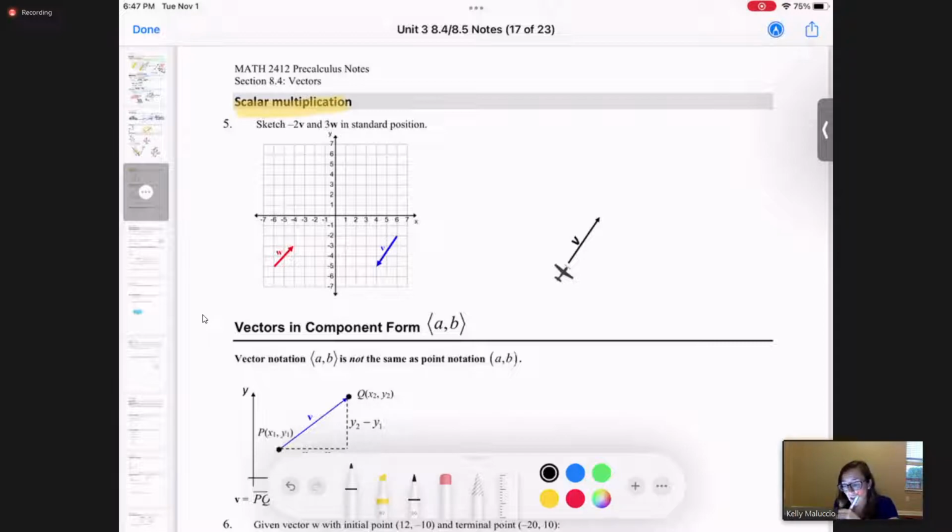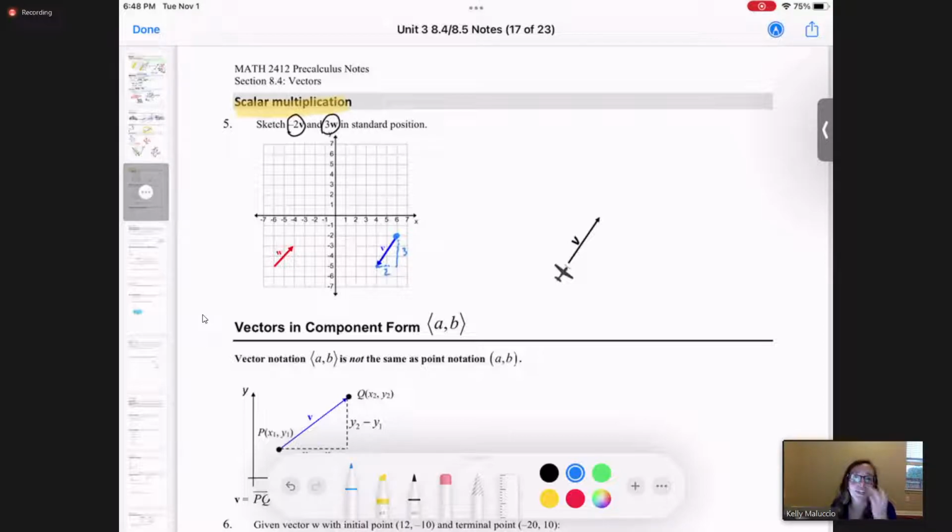If I want negative 2v and 3w in standard position, what that means is we get the distances. So let's start with v. So starting point, ending point. It goes down. So we go 1, 2, 3 down, and we go left 2, right?